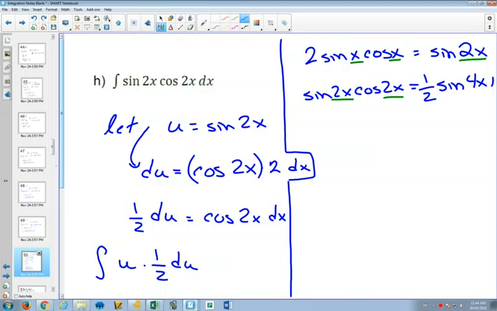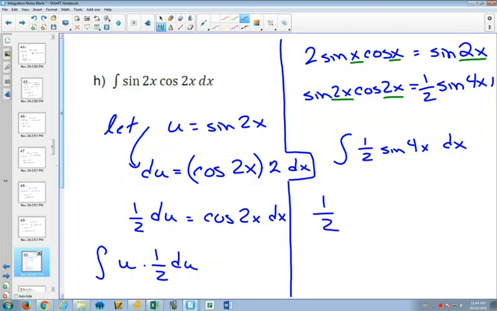If I do that to start with, then my original integral becomes 1/2 sine 4x dx instead. And this is an integral you do not have to use substitution for. Well, the 1/2 can come out in front.